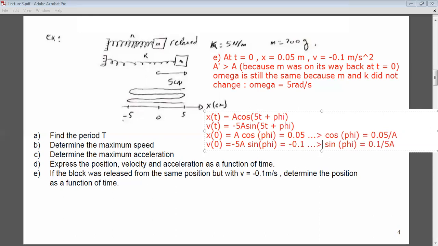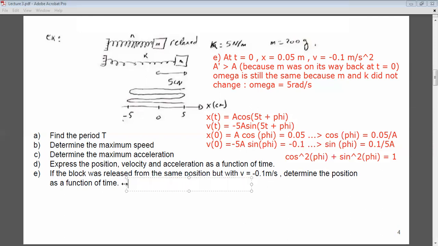Now, I have the cosine of a function and the sine of a function. We all know that cosine squared of any angle, so this is cosine squared phi plus sine squared phi, is equal to 1.